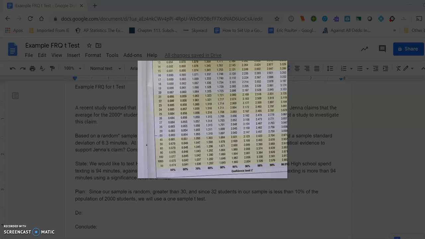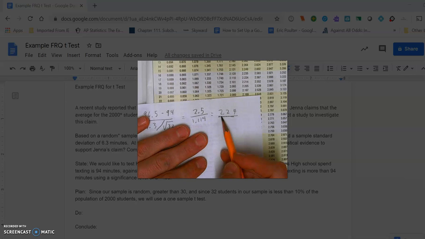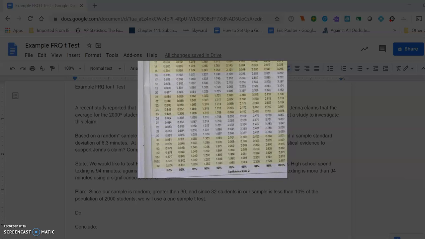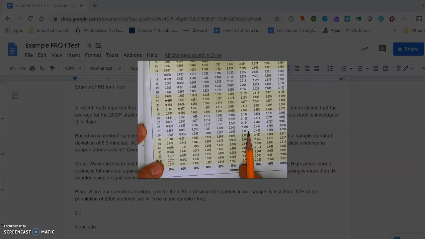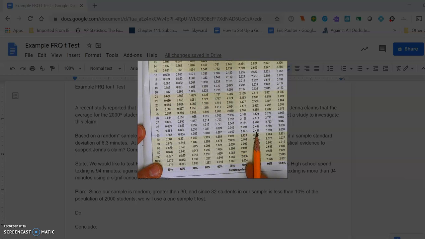Now I have to find where 2.24 is in that row. I scroll to the right, I get 2.147, and then it jumps to 2.457. So I know it's somewhere in between these two numbers.